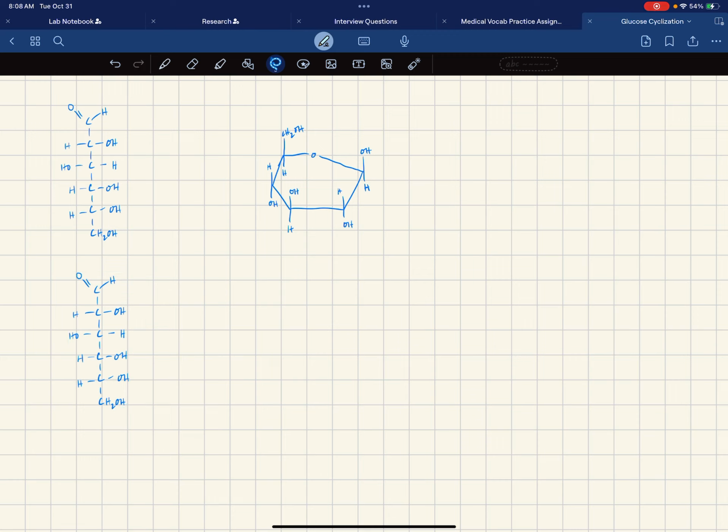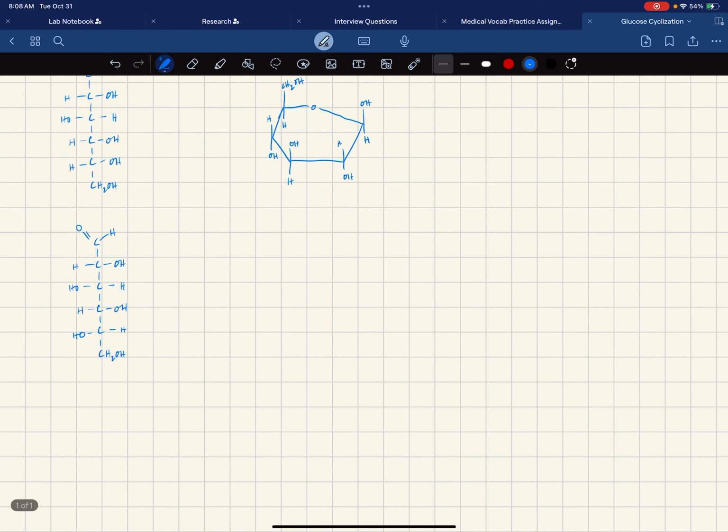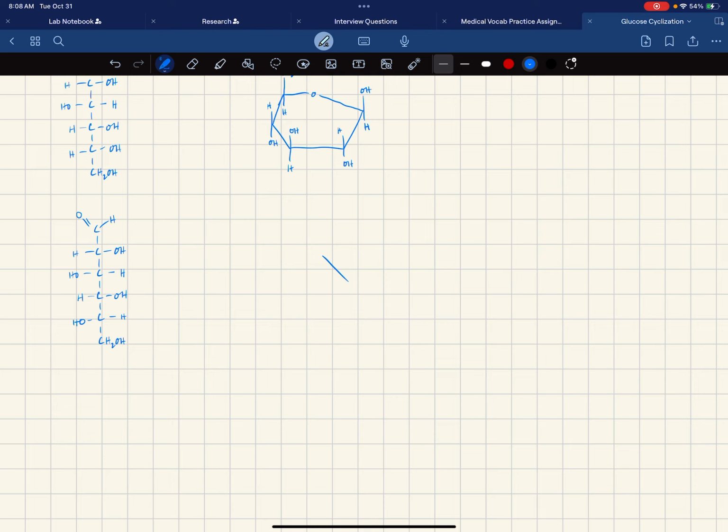If it was L, and my OH was over here, then what would end up happening when I draw that intermediate form that I had drawn earlier, so this all stays the same. So OH is over here, here, here.